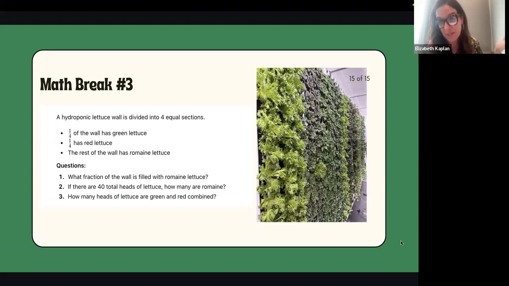I'm not considering romaine a green lettuce here. I see what people are doing. If there are 40 heads total and we know 50% of them are romaine, that means 20 heads are romaine. And then it means 20 heads of lettuce are green and red. So Emily, your first answer was correct, but then I see people are saying they're all green and red. The romaine is confusing me. So we're not counting romaine in with the green. It's a separate variety. So you caught me on that one.